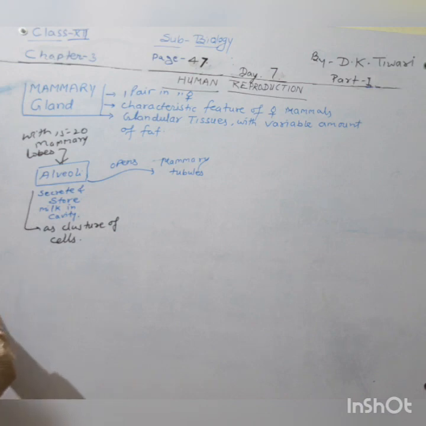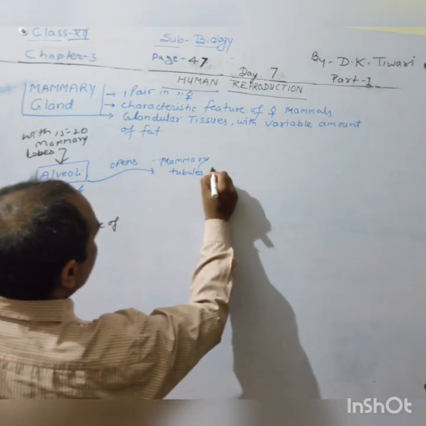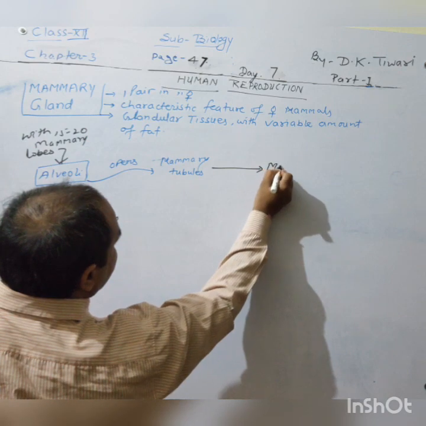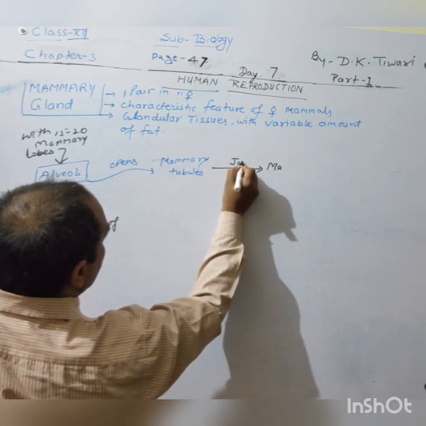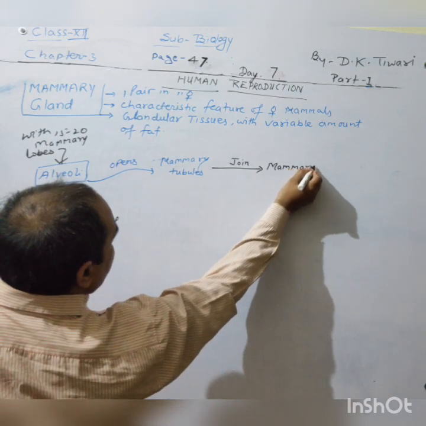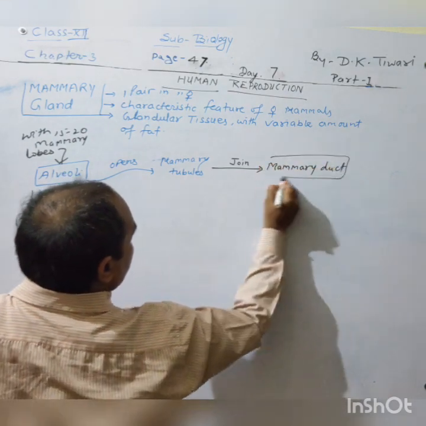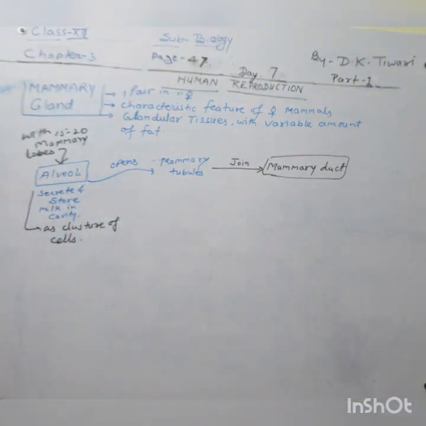Now, each lobe's mammary tubules join to make a mammary duct. After this mammary duct, what happens?